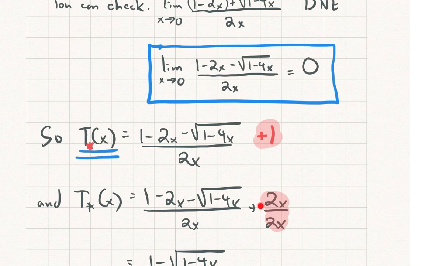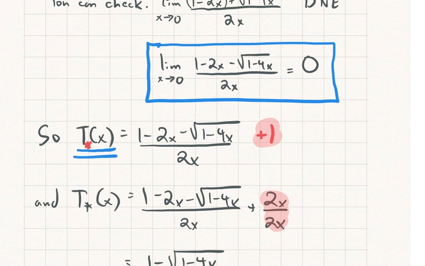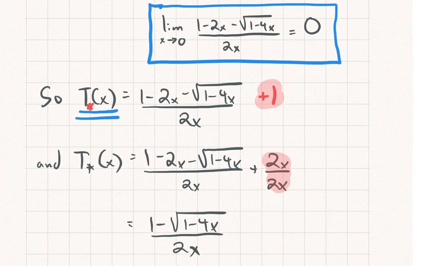So the 2x is going to cancel with this 2x, and finally we can see that our generating function t star of x, so that's all rooted binary trees, including the empty tree, is this expression, 1 minus root 1 minus 4x over 2x. And we'll come back to this in a bit, because our goal will be to try and determine a non-recursive formula for the coefficients inside this generating function.